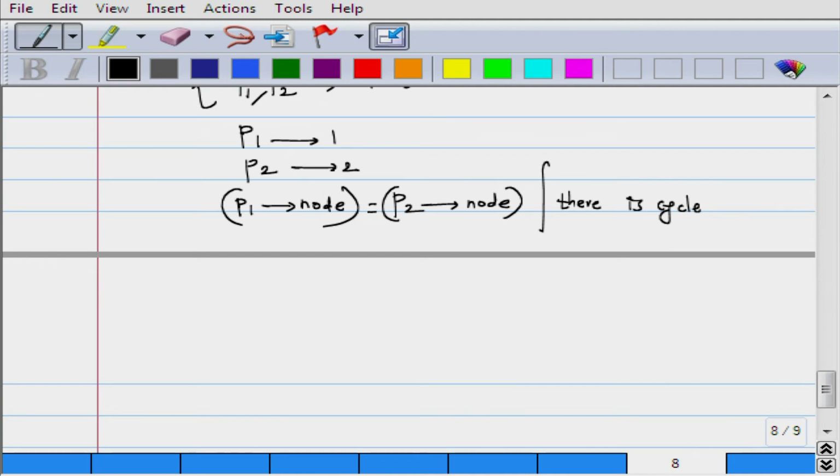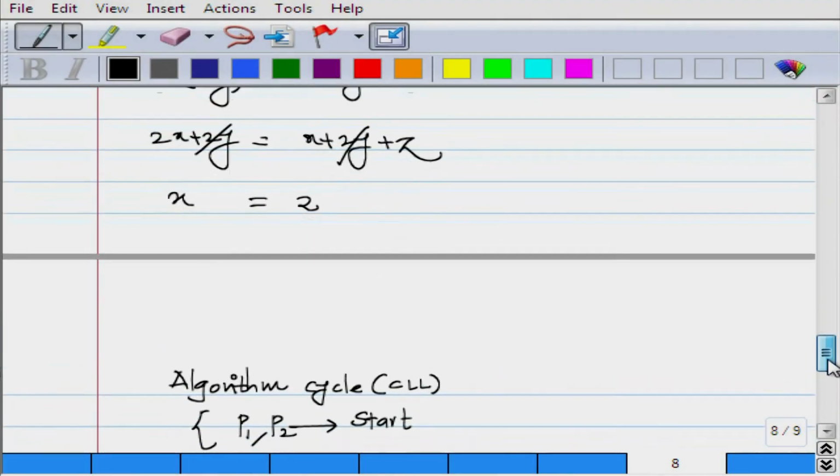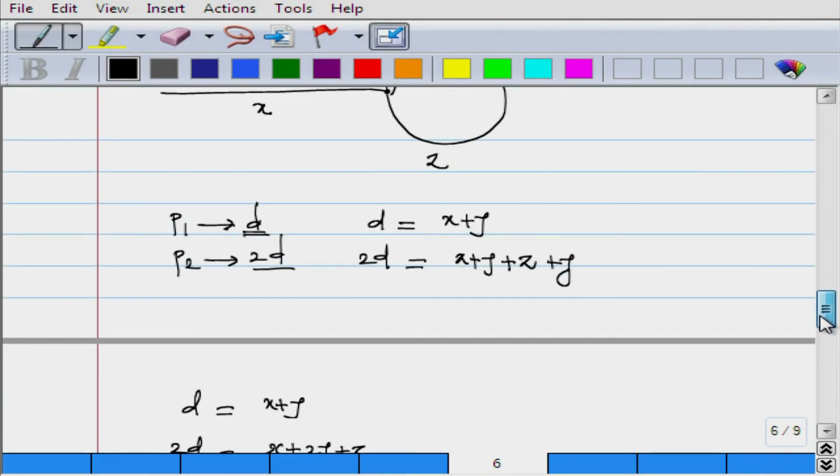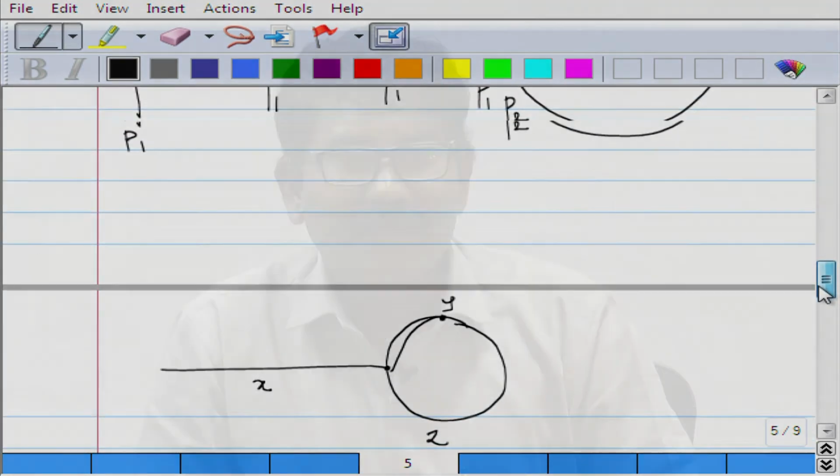Then the second thing, that is finding a cycle length. To find out the cycle length, I have told we will stop the faster pointer and we will continue the slower pointer till it comes back to the pointer P2.